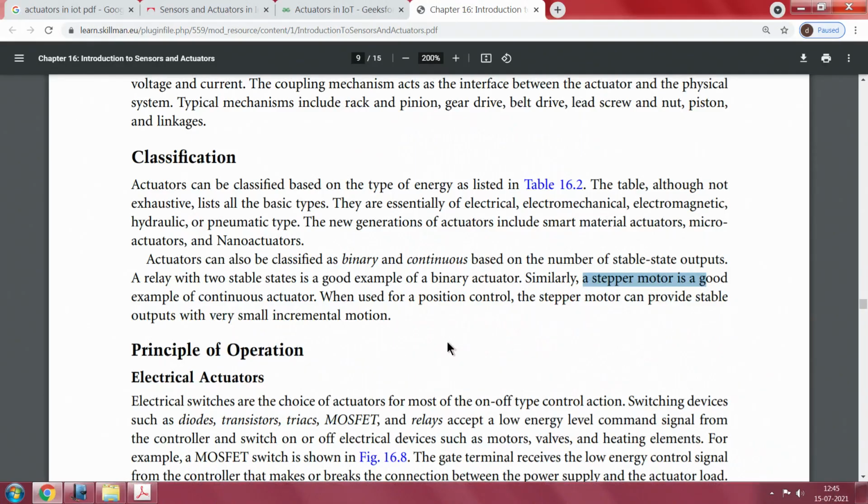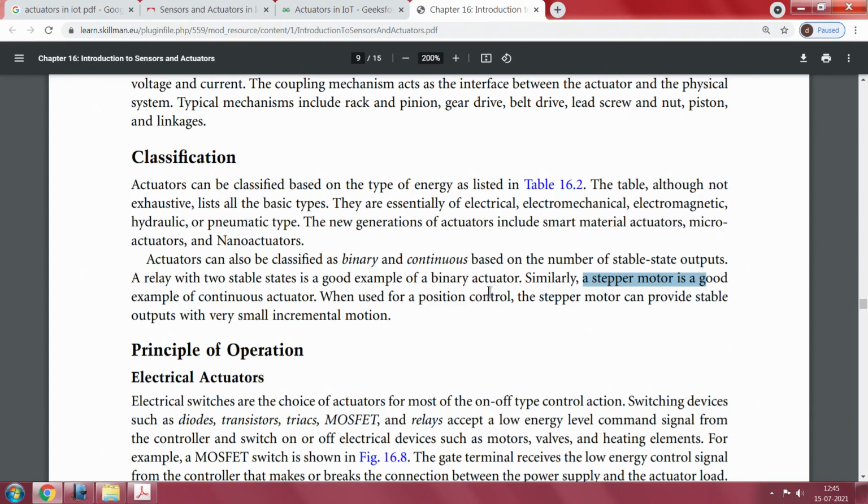But when you use it for position control, that means you want it to move by, let us say 10 steps, okay, that means you want to move it by 18 degrees. I am assuming that it is a 1.8 degree step motor. You give it a command, it will go and settle down at the end of 10 steps, which means it would have moved by 18 degrees.